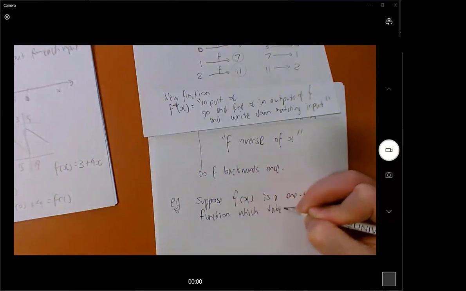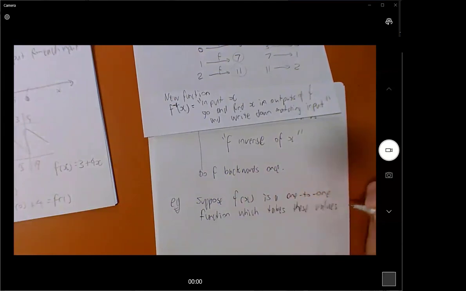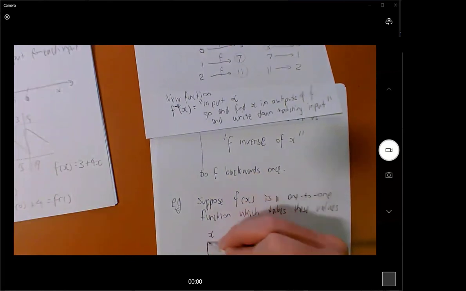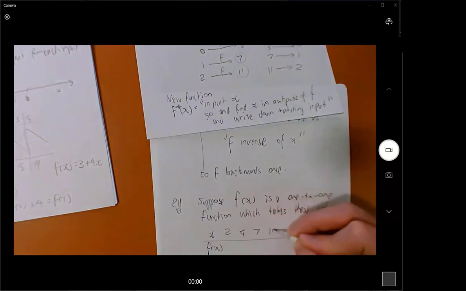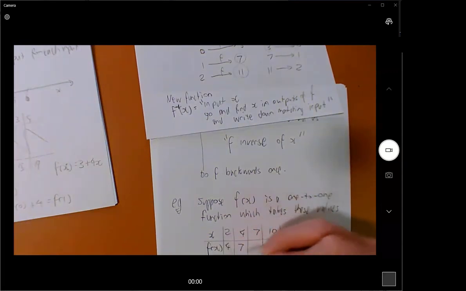It takes these values, x and f of x: 2, 4, 7, 10, 12, and 4, 7, 10, 12, 13. Okay.